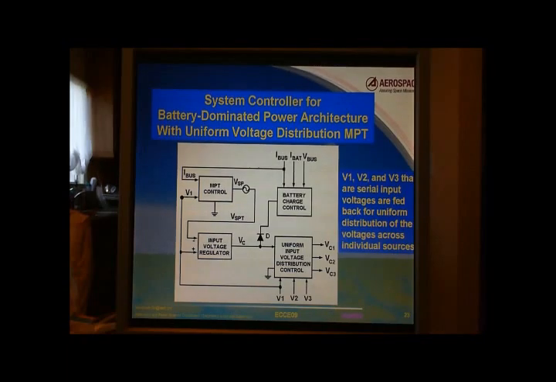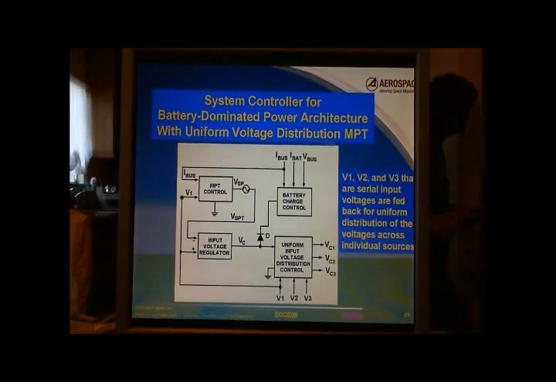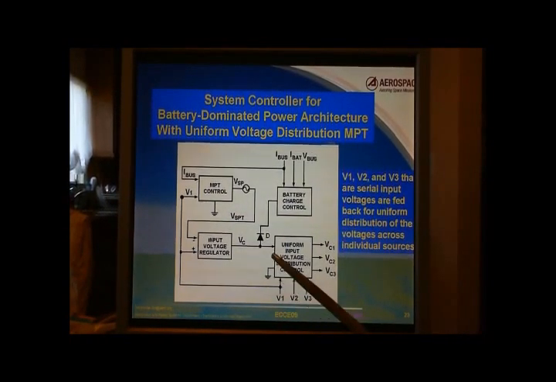Under normal operation, or non-maximum power tracking mode, the battery charge controller is always active. During this mode of operation, diode D is forward biased, making the voltage VC follow the battery charge control, and the output port of the input voltage regulator has significant output impedance with respect to the output impedance of the battery charge controller.